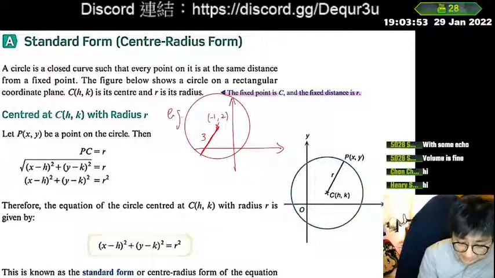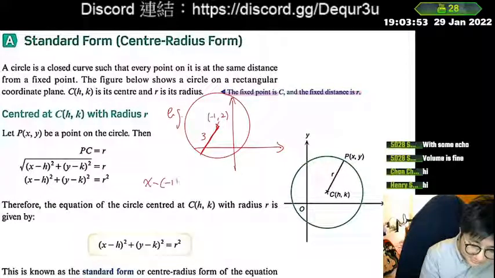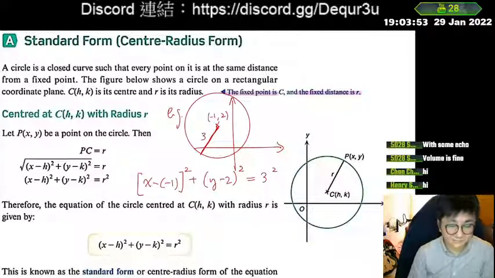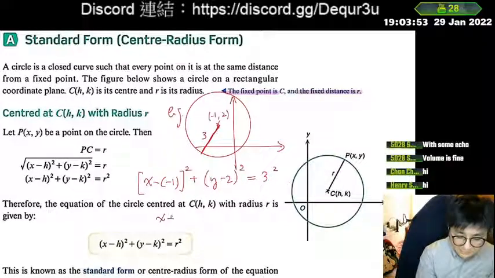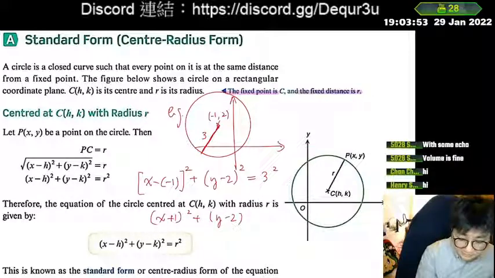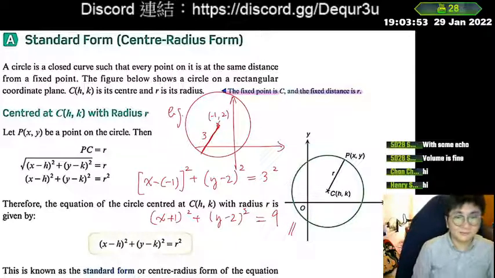The center is (-1, 2), therefore (x minus -1) squared plus (y minus 2) squared equals the radius squared, that is 3 squared. Simplifying the negative sign and the 3 squared, we have (x plus 1) squared plus (y minus 2) squared equals 9, and this is the standard form of the circle.